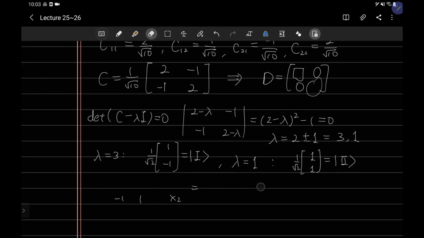Now, initially the C was not this matrix, but this one. So if you scale everything here, it turns out that it should be like this, and then it should also have 1 over square root of 10. That's what I just got here.